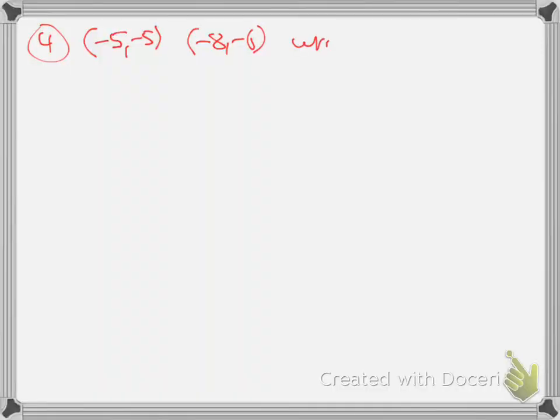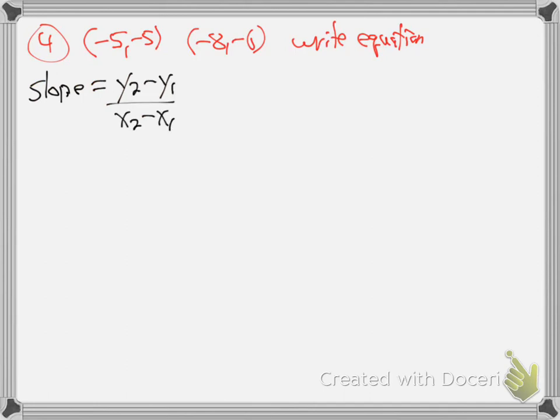Okay, it says write the equation. So on these write the equation ones, we always have to get the slope first. That means the 4 numbers, y2 minus y1 over x2 minus x1. This is x1, y1, x2, y2.